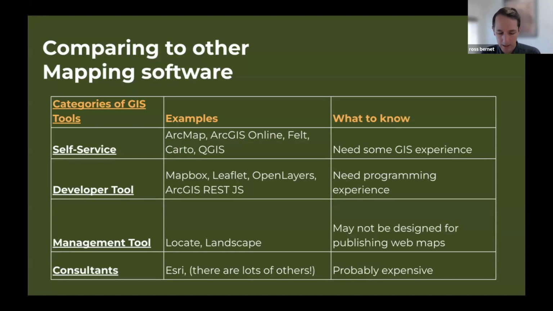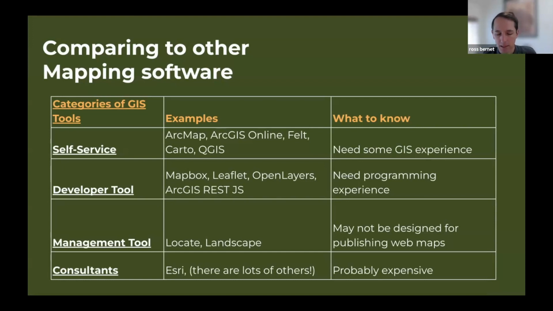Then there's what I'm calling management tools. There are some great companies creating products. I think the two main ones are Locate and Landscape. These could connect with your Salesforce or your donor management and help you manage different aspects of being a land trust. But I think at least Landscape has the ability to publish web maps, but that's not first and foremost what they're designed for.